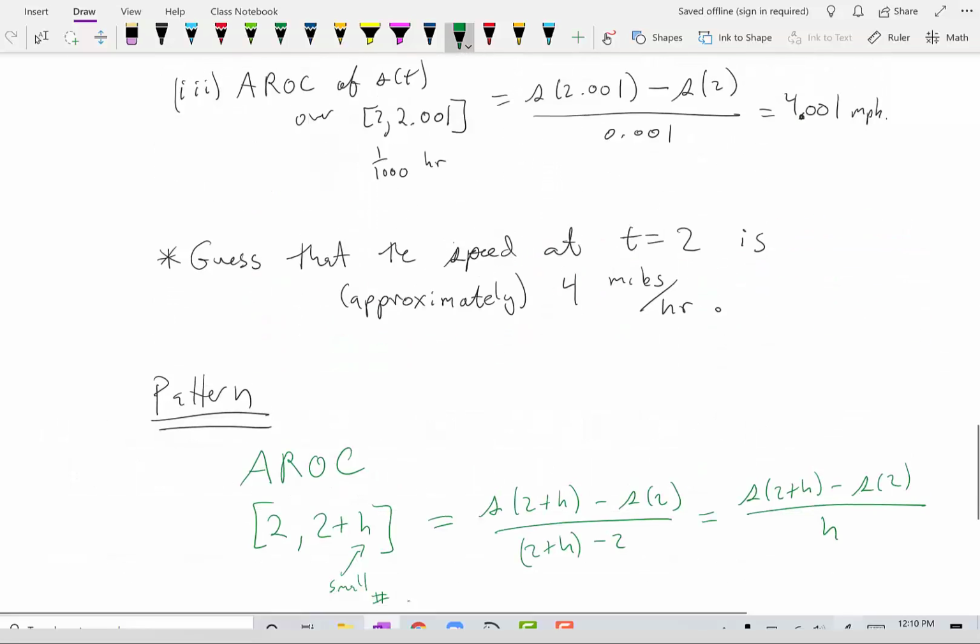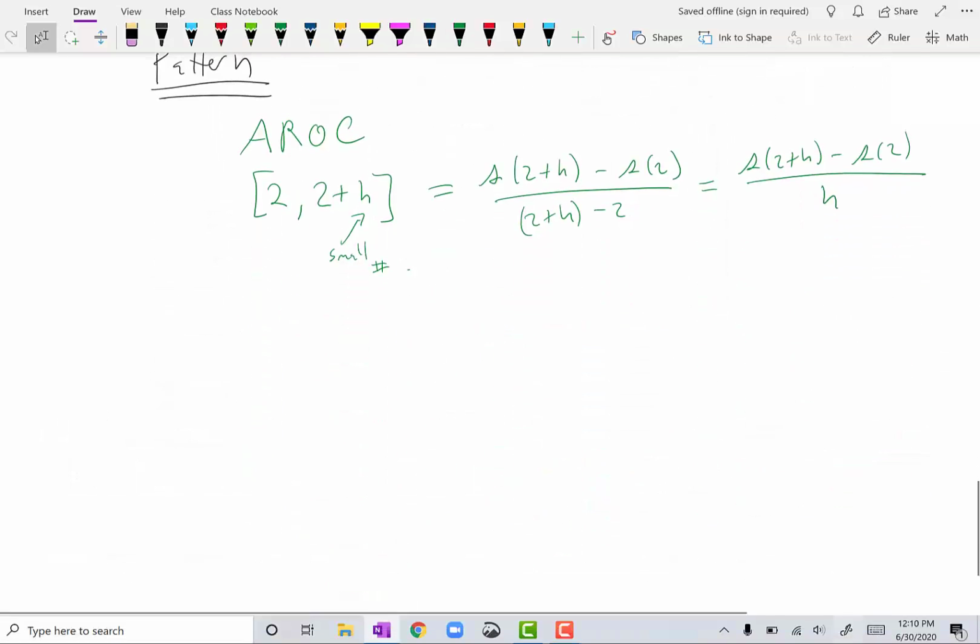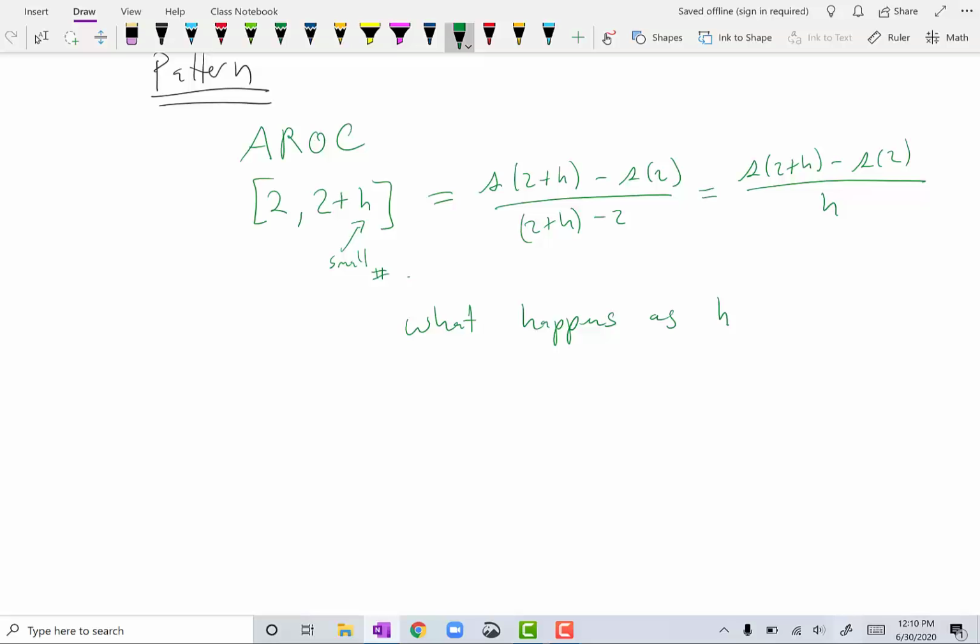And the question we're trying to answer is, what happens as h gets smaller and smaller? So a lot of times what we say is what happens as h goes to 0, as it approaches 0, as it gets really, really small.